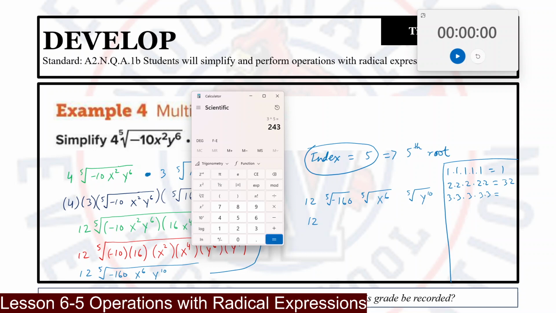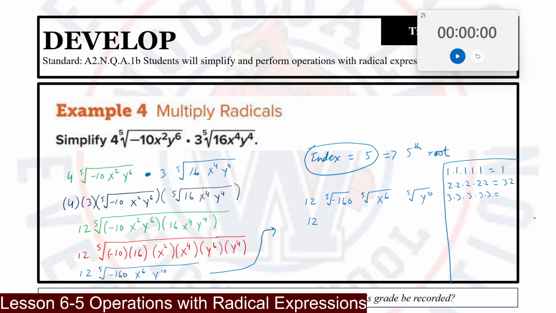That doesn't work. I was looking for 160, so 243 is too big. The only thing that might work is this 32. So let's see if 32 is actually divisible.